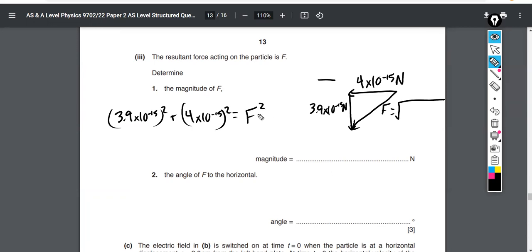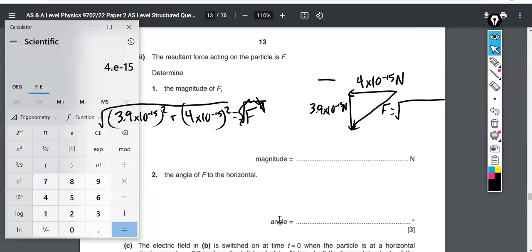Equals f squared. So when we take the square root of both sides, we solve for f. There's my 4 by 10 to the negative 15 still in my calculator, so I can square that, add it to 3.9 times 10 raised to the negative 15.